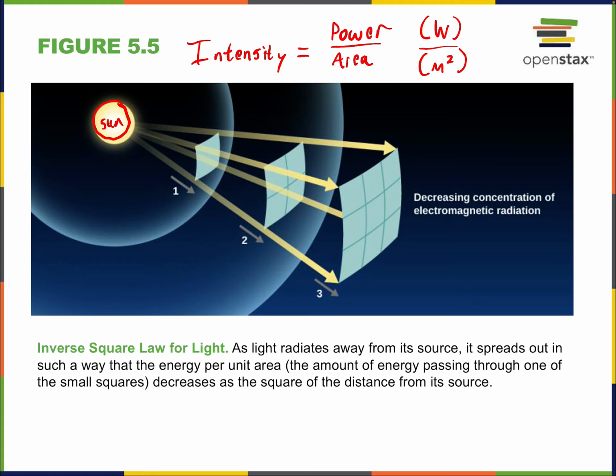The interesting thing about spreading out through space is that when you have the initial source of energy, for example the sun, as that energy spreads out in all directions, it's spreading out over the surface area of a sphere. And that creates what's called an inverse square law relationship. There is less intensity the further out you get.